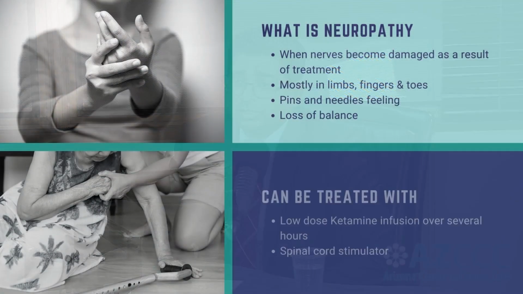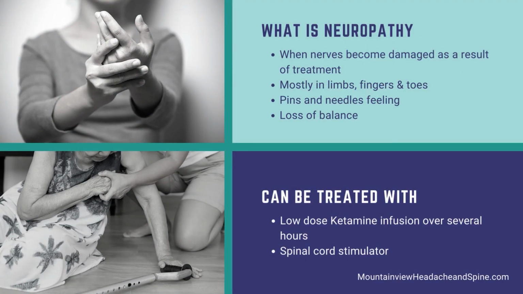And can you please, Dr. Agarwal, tell our audience what exactly is neuropathy? So neuropathy is when your nerves get damaged from chemotherapy, or actually some of the cancers have direct neurotoxic manifestations.